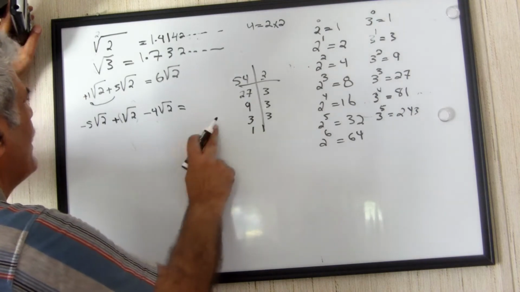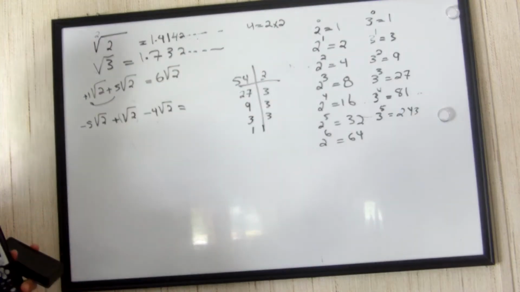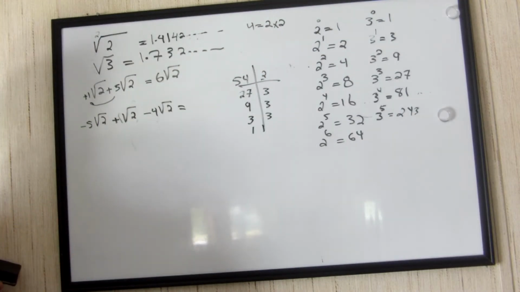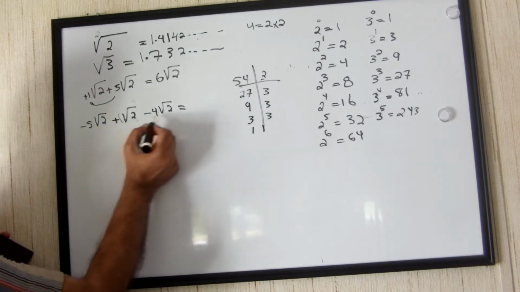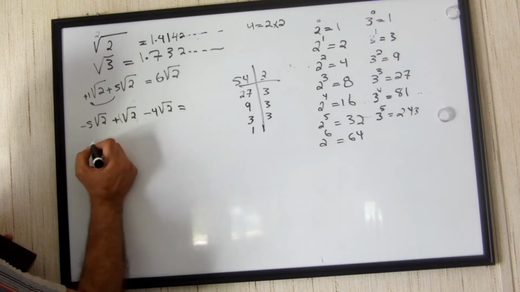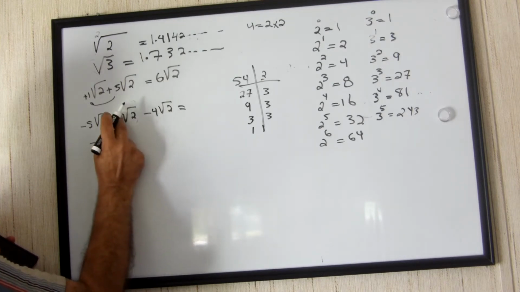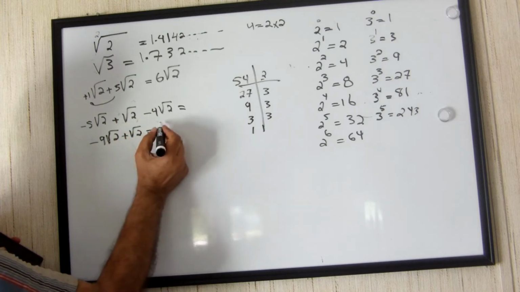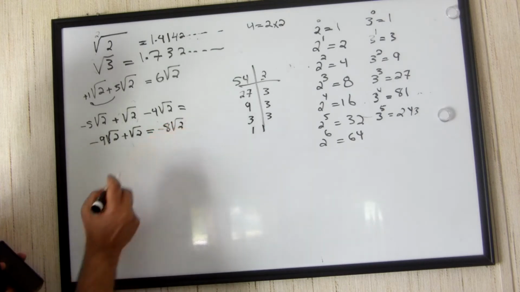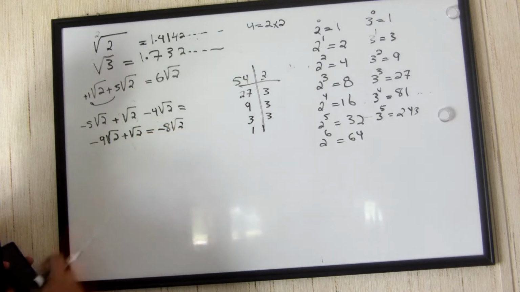We cannot add all the pineapples together with all the apples. So this is going to be minus 9 square root of 2 here. And this is plus 1 square root of 2. And this is going to be minus 8 square root of 2.